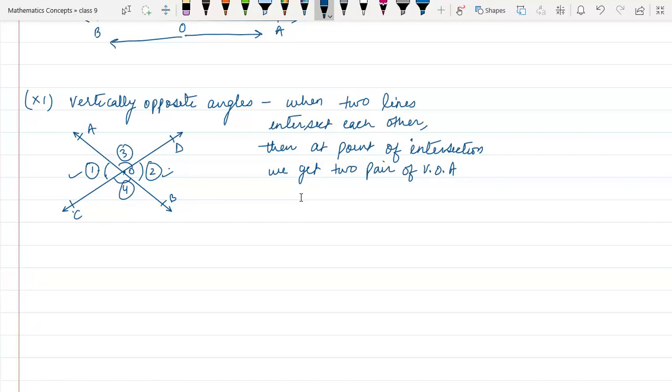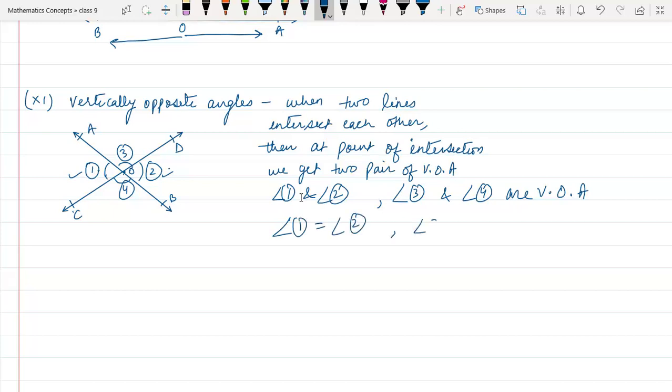So angle 1 and angle 2, angle 3 and angle 4 are vertically opposite angles. Also, we all know in the last class we have studied that these angles are equal also. So we can say angle 1 equal to angle 2, angle 3 equal to angle 4.